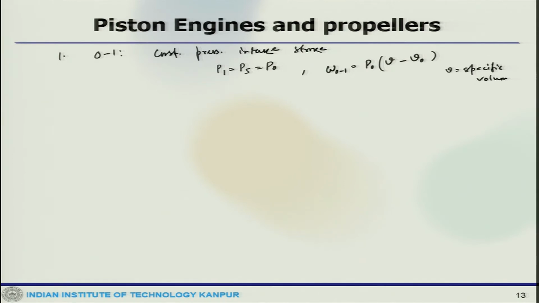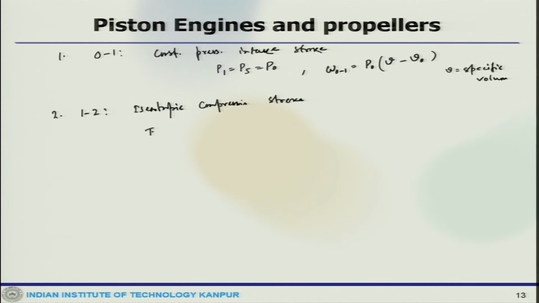Now move to process 1 to 2, that is the isentropic compression stroke. With both the valves closed, the piston undergoes a compression stroke, raising the temperature and pressure of the charge. This requires an input from the piston to the cylinder.